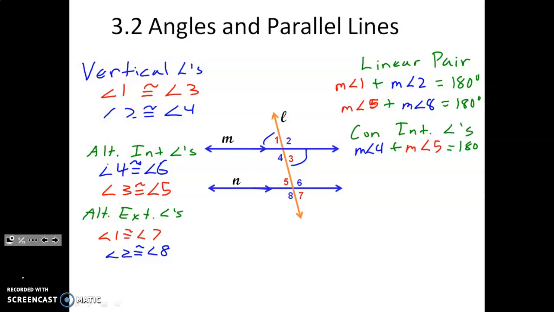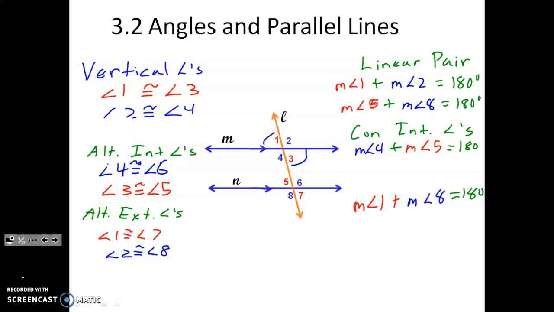And then another one is, like we talk about angle 1 and angle 8. Measurement of angle 1 plus measurement of angle 8. And we know that's going to equal 180 because they're opposite colors in this design.